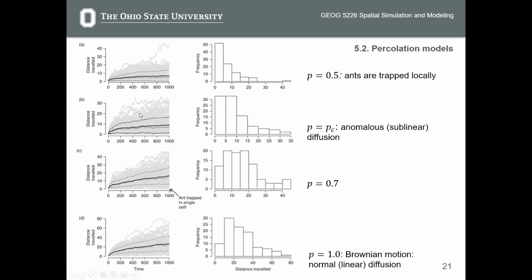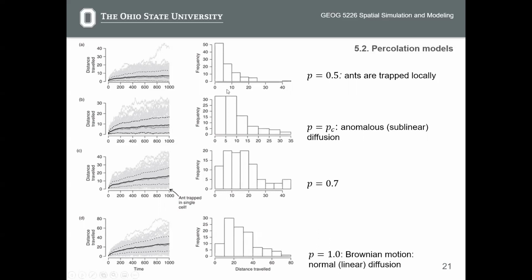You can say that a lot of ants can travel longer than 20 units, and you can tell from this histogram. For this histogram, the horizontal axis is for the distance traveled. The vertical one is for frequency, or the number of ants that traveled that long distance, right?